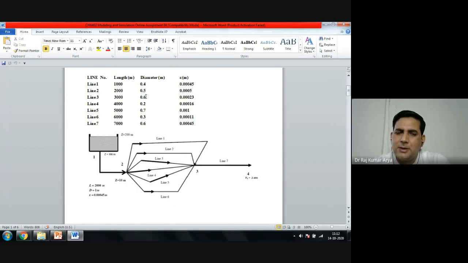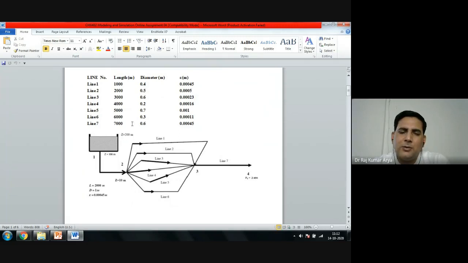Now the pressure here is also given: P4 is 2 atmosphere. Here the overhead tank is open to atmosphere, so at this particular place the pressure is atmospheric only.